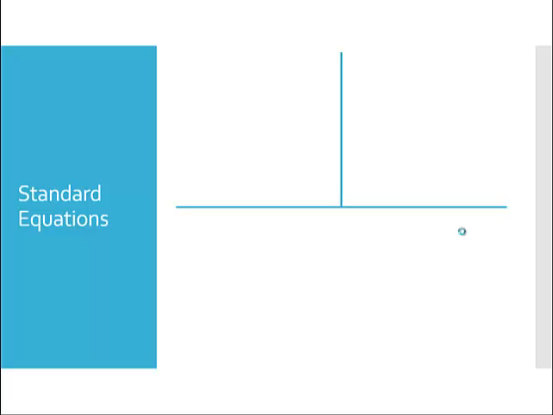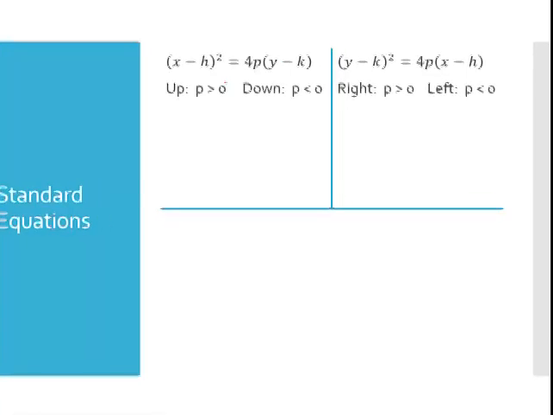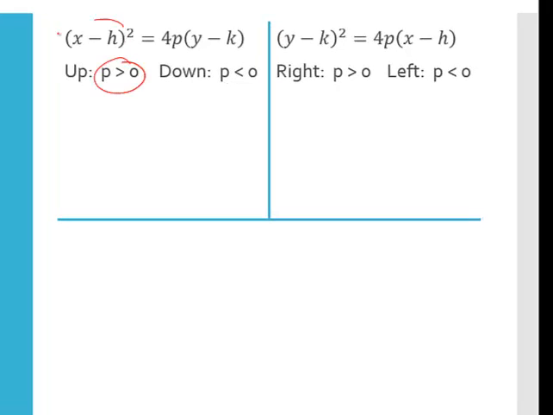Now we have our standard equations. Our two standard equations: one with x squared, so we have x minus h squared equals 4p times y minus k, and then one with y squared, we have y minus k squared equals 4p times x minus h. Whenever you have x squared and you're asked which way it opens, whenever p is positive and you have your x squared, it's going to open up.